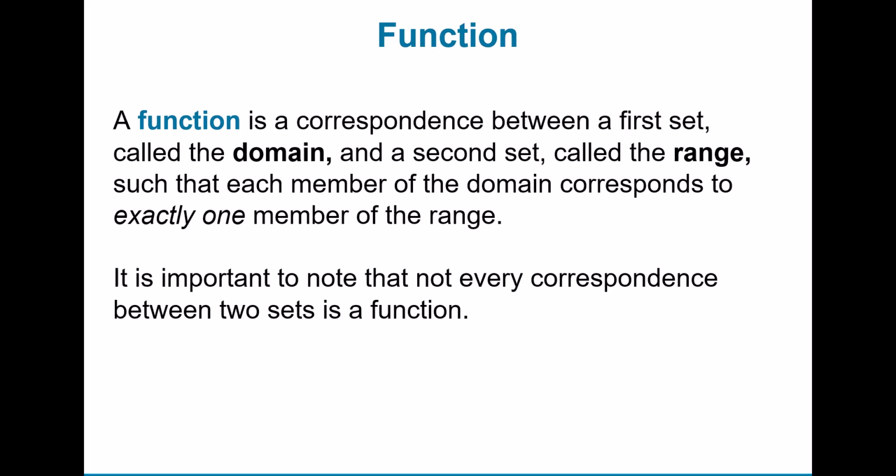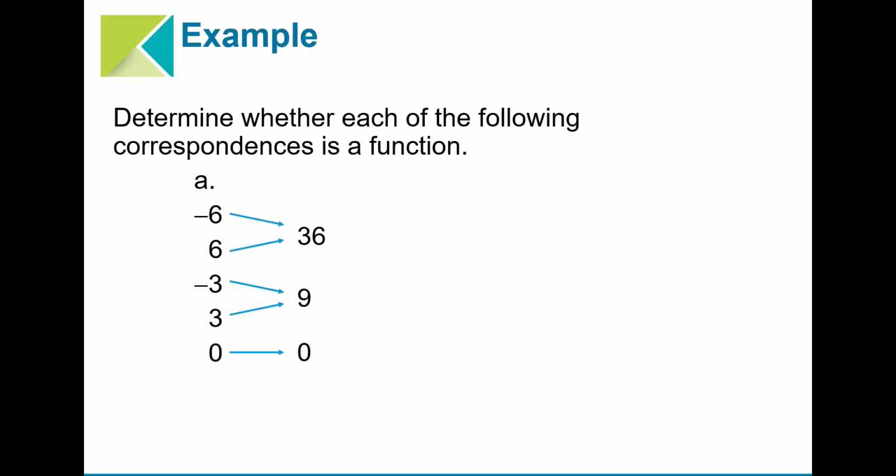So a function is a correspondence between a first set called the domain, think of that as your input, your x value, and a second set called the range, your output, your y value. It says that each member of the domain corresponds to exactly one member of the range.